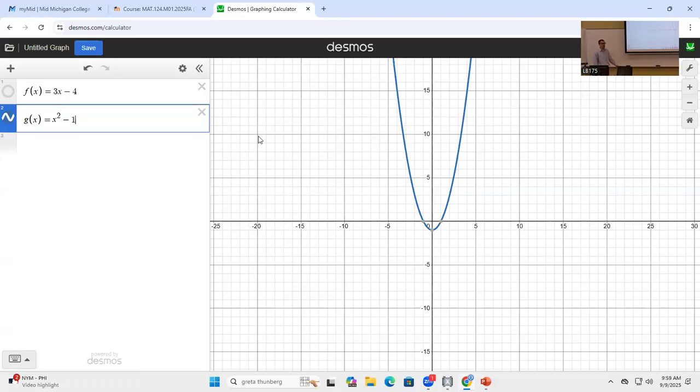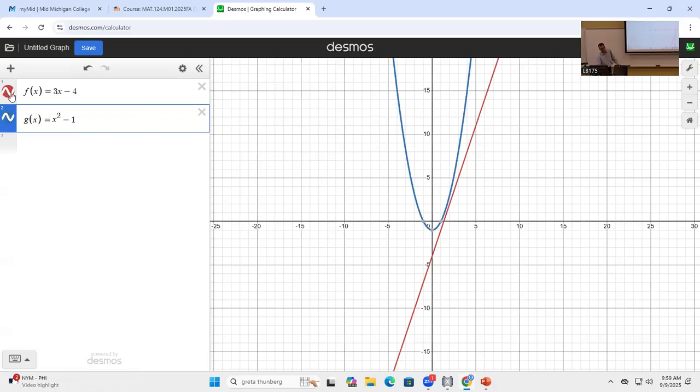I misspoke last time, didn't I? I said horizontal, I meant vertical and horizontal. So that first one, f of x equals 3x minus 4, obviously passed the vertical line test, it was a function, but it also passed the horizontal line test. So it's one-to-one.